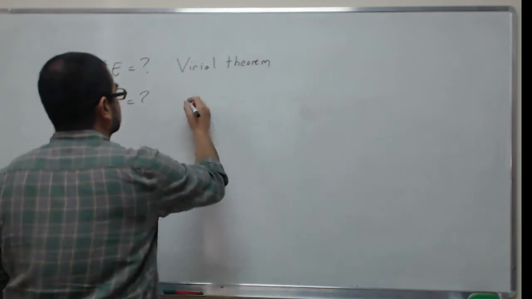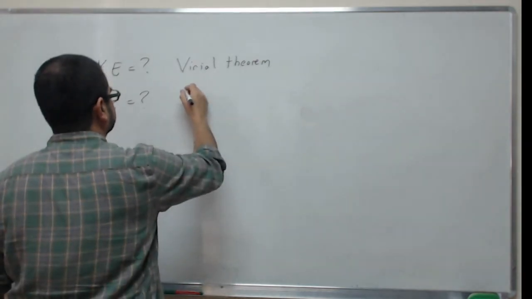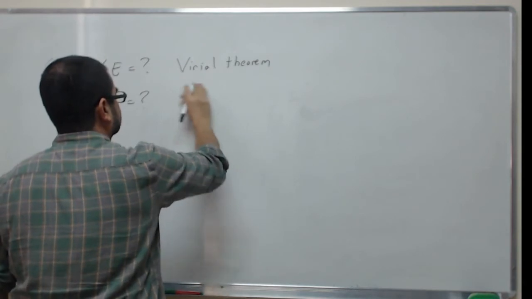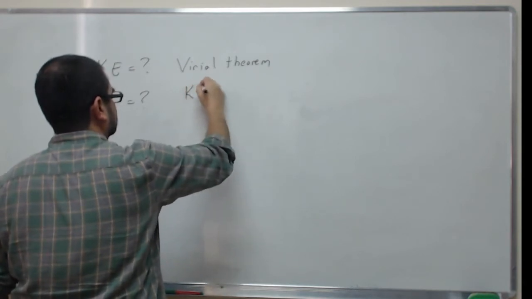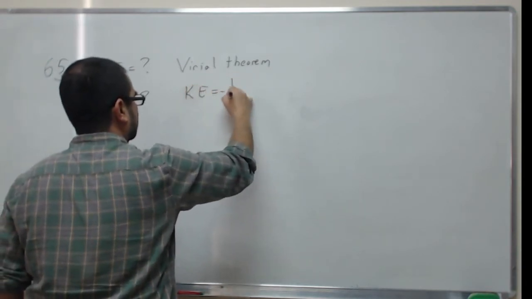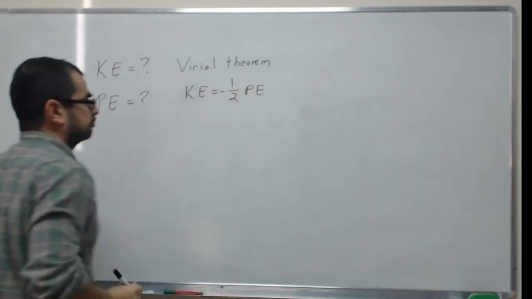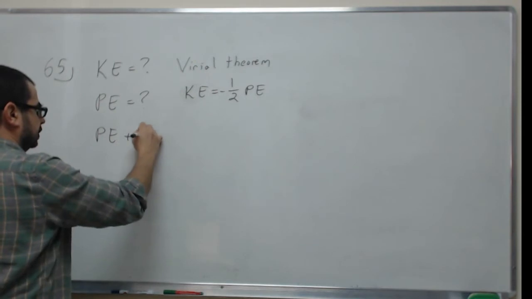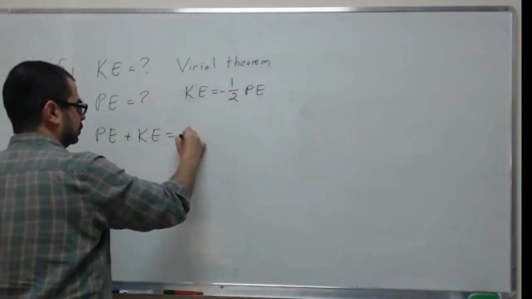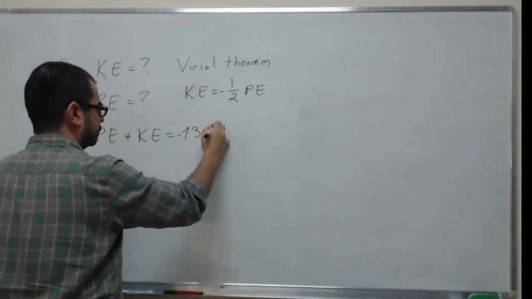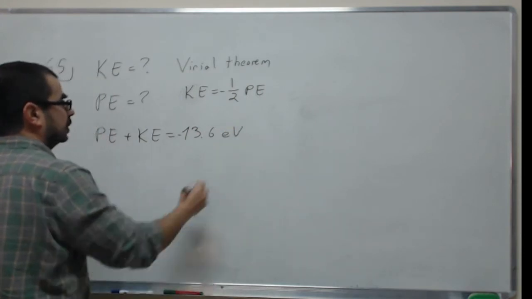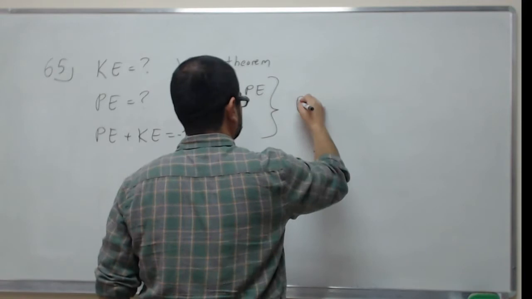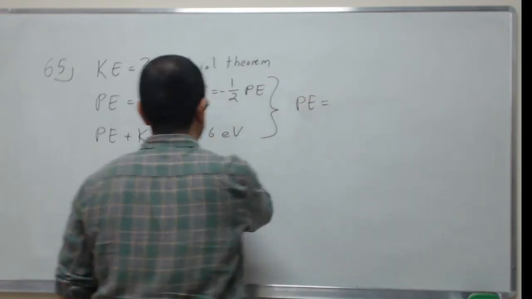And that theorem says that the kinetic energy is just going to be minus a half the potential energy. And since we know that the potential energy plus kinetic energy is equal to minus 13.6 electron volts, from these two, we can easily calculate that the potential energy is twice this value.